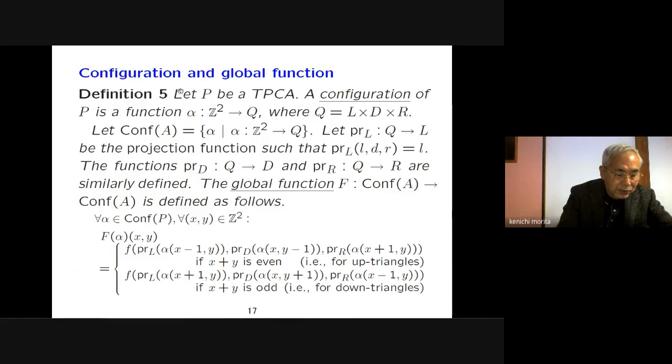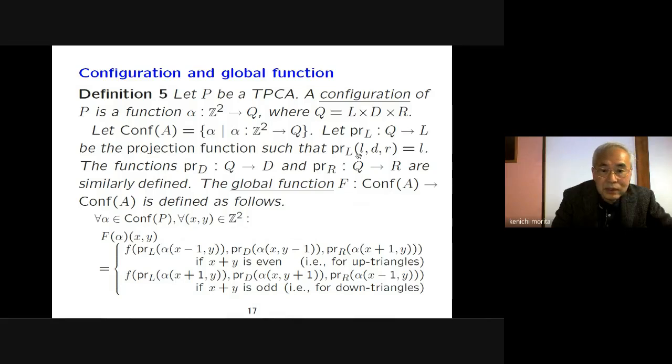A configuration is defined in a similar manner as in the case of a usual CA on a square grid. On the other hand, the definition of the global function is slightly complicated since it needs projection functions PRL, PRD, and PRR.